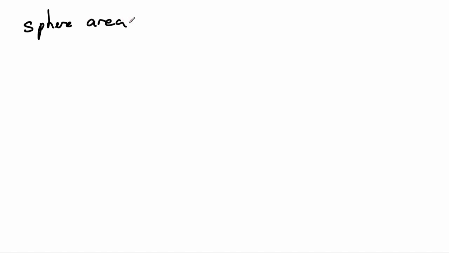The area of the entire sphere is going to be equal to the number of molecules in the sphere times the cross-sectional area of each head group. So if you imagine each head group is occupying a certain amount of area, if we multiply by the number of molecules, certainly we have the area of our sphere.